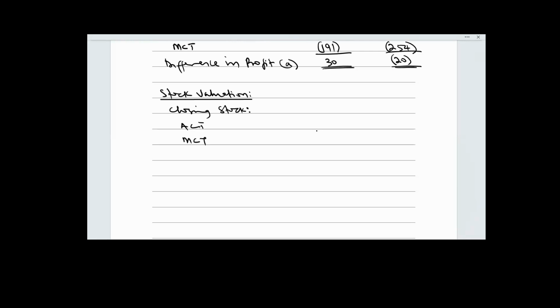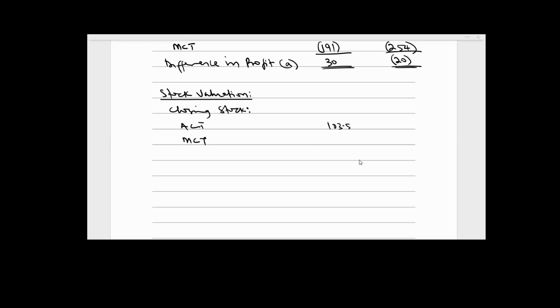So in March, what is the closing stock for ACT? 103.5.